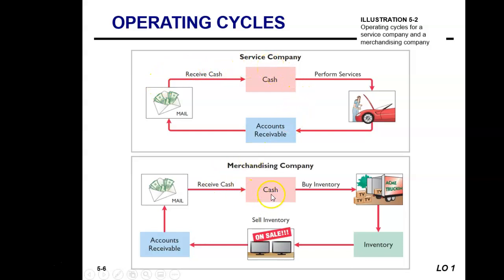Now, for a merchandising company, we have to first buy the inventory, such as these nice TVs. Then we have to sell the inventory. If they're sold on account, we're going to recognize accounts receivable. Then when the payment comes in, it's going to increase our cash. So these are the typical operating cycles for a service-based business and for a merchandising company. Our main focus today will be on the structure for a merchandising company.